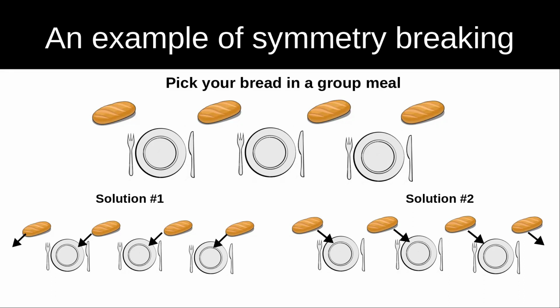Once you pick one of the two options, then all your colleagues at your side will pick the same option. And in this problem, there are effectively two solutions. There's the solution in which everybody picks the bread on the left, which is the one that you have on the bottom left of the slide. And there's the solution that everybody picks the bread on the right. That is the solution that you have on the bottom right of the slide. These solutions are, from a physics point of view, equally likely.